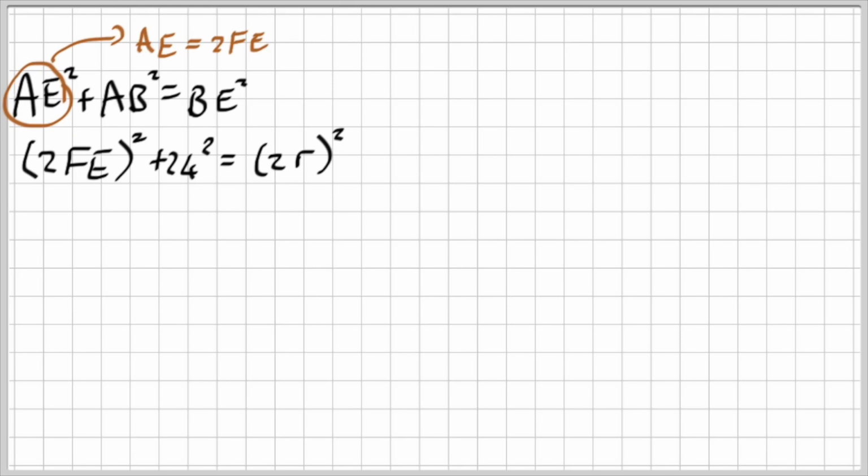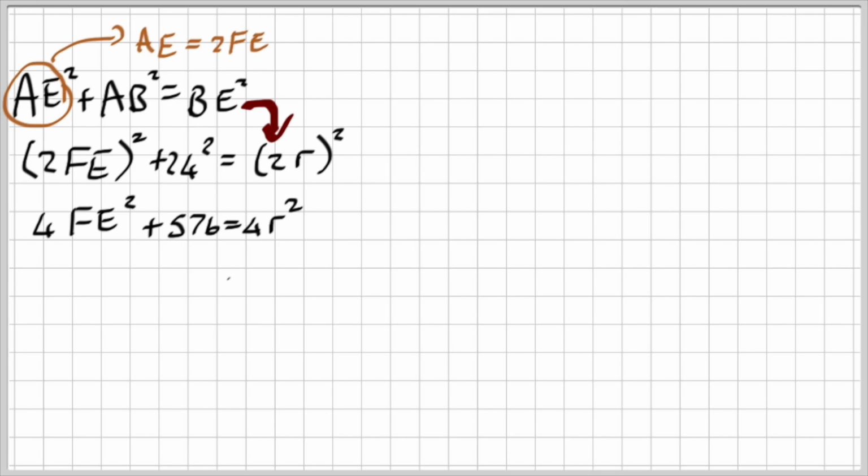AB I have as being 24, and BE is 2R because it is twice the radius. It's a diameter. Remember that, ladies and gents? I'm going down a very amazing rabbit hole here. I'm going to now simplify this as far as I can. So I'm distributing out my brackets.